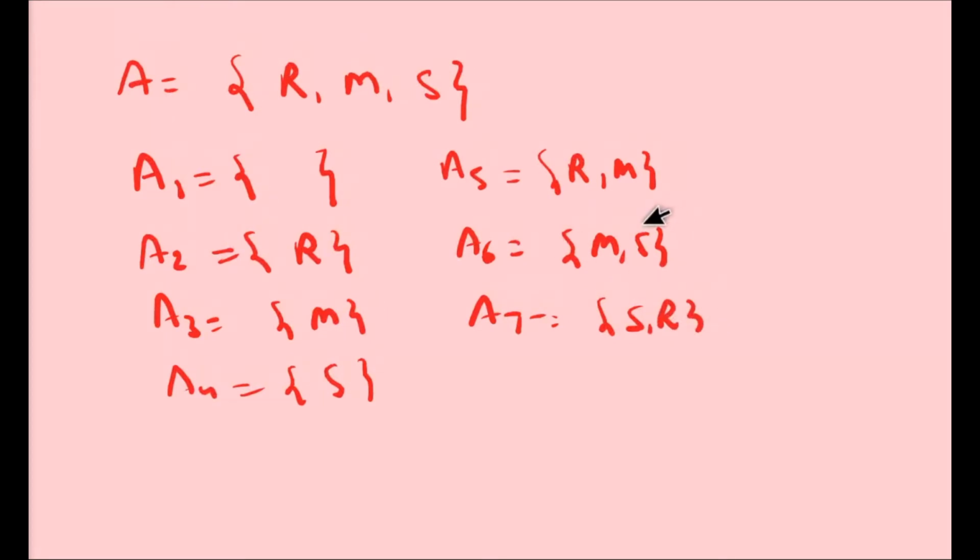This way he can choose two students. But at last he thinks he should take all three, then he will write Ramesh, Mohan and Sohan. This way he can choose the students for the cricket team.